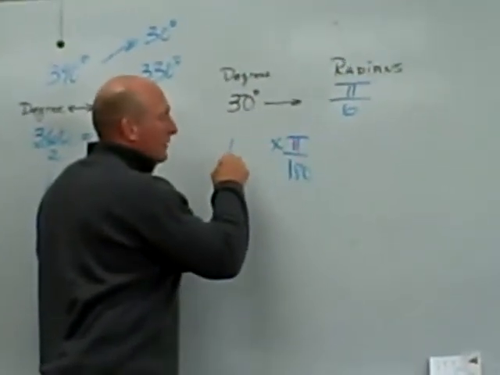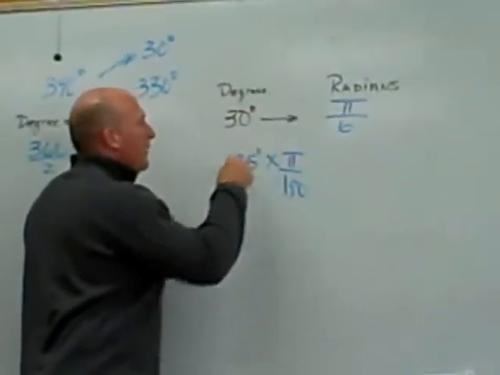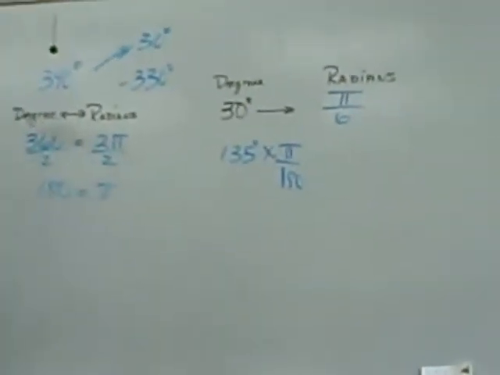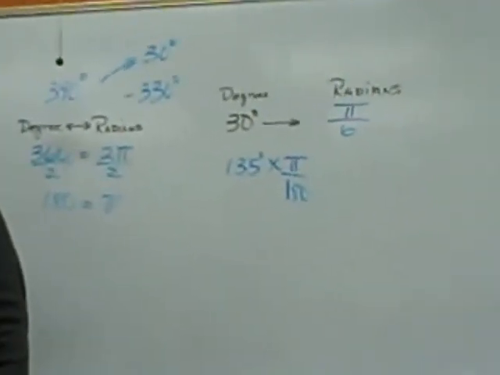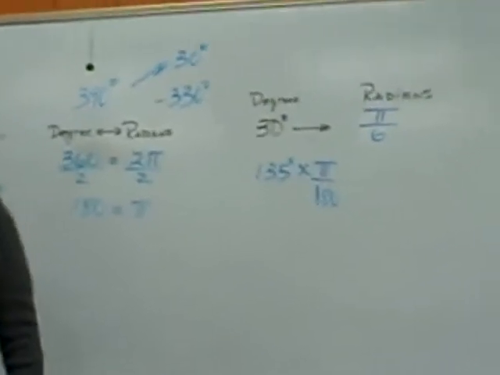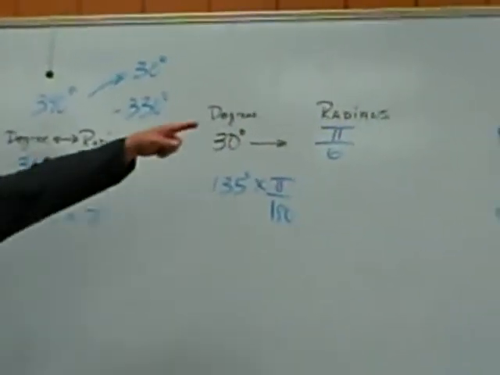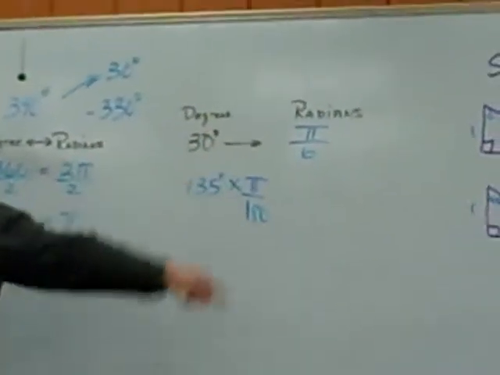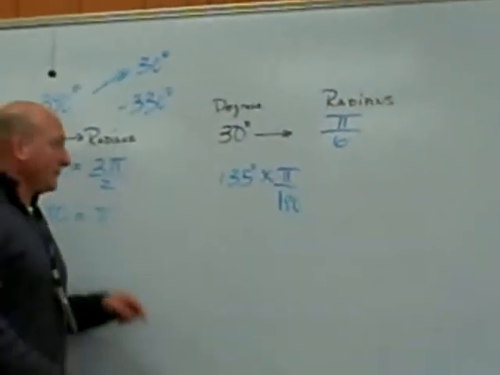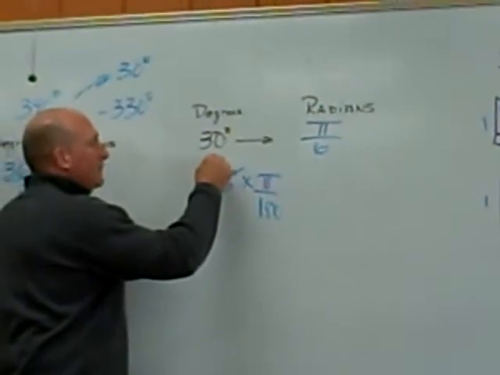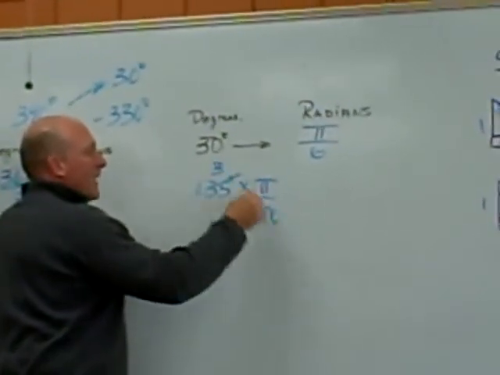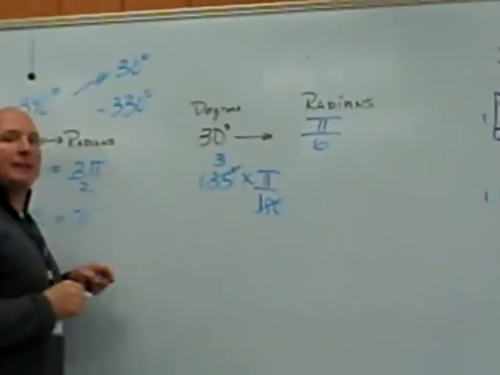What about 135 degrees? Anybody know what divides into 135 easily? 45. How many times does 45 go into 180?